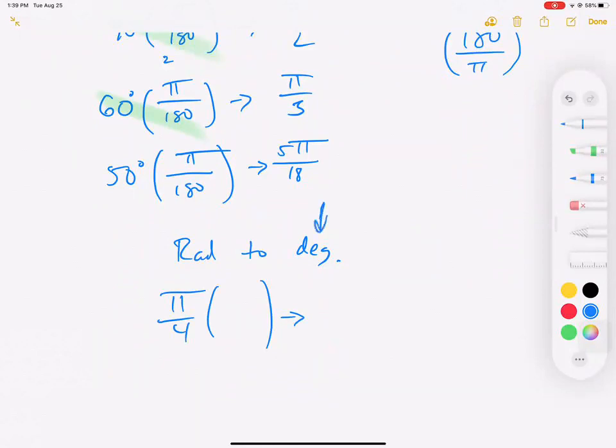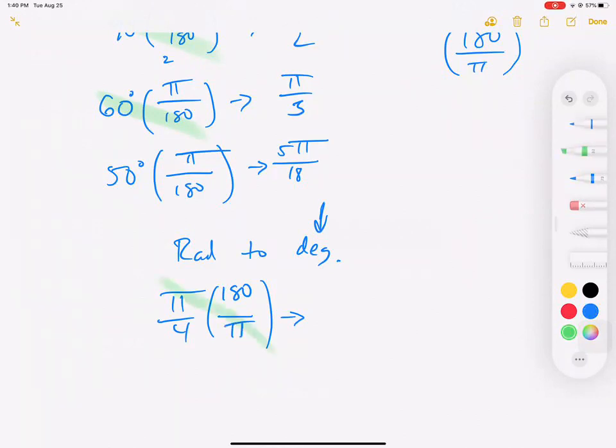So I write degrees on top. So it's not always one or the other on the top or the bottom. It's all about what do you want to convert this to. I want degrees, so I put 180 on top. So we have to put pi on the bottom. Okay, the pi's divide out. See, I cancel out my radians.